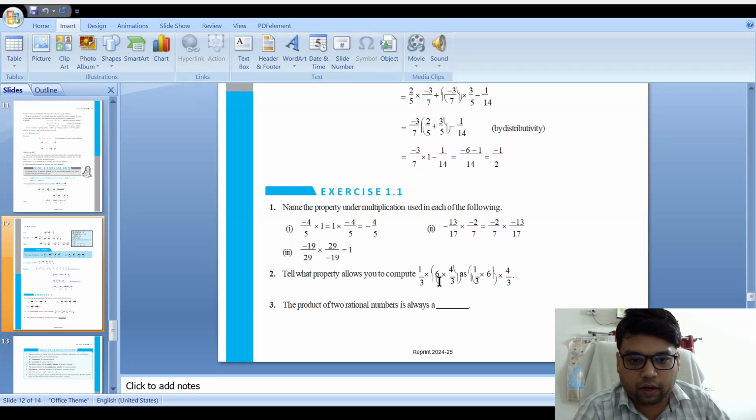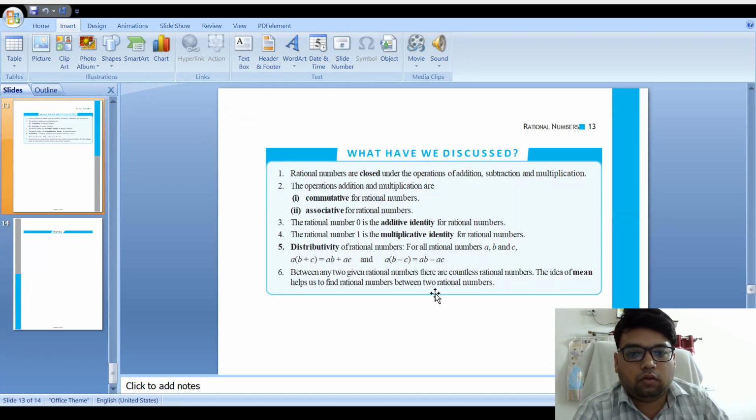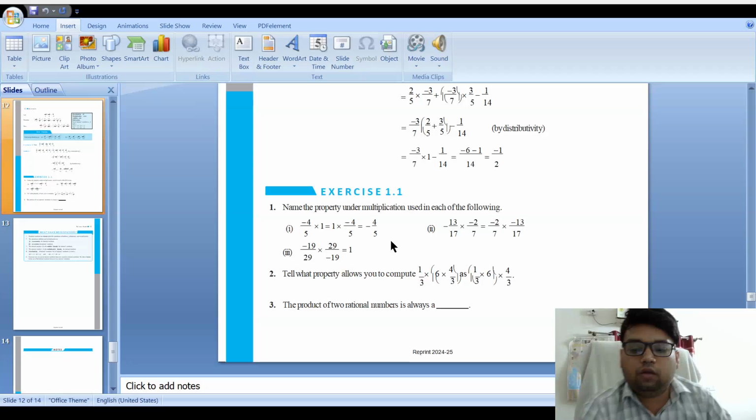In one case the brackets are given on the second and third terms, and in the other case the brackets are on the first and second terms. So the associative property is used. The product of two rational numbers is always a rational number.